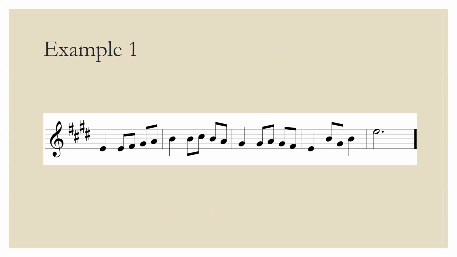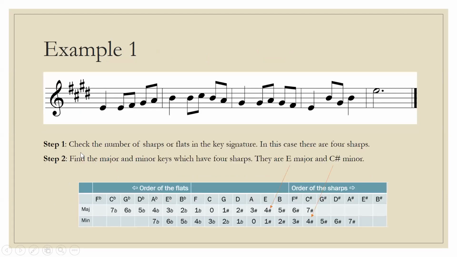Let's have a look at this little piece over here. So our first option is to look at the key signature, right? There are 4 sharps. So our first step is to check on our little key signature table which keys have 4 sharps.